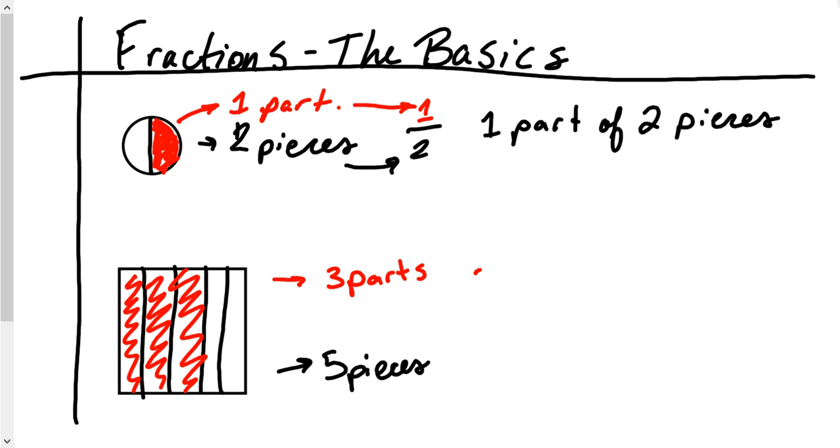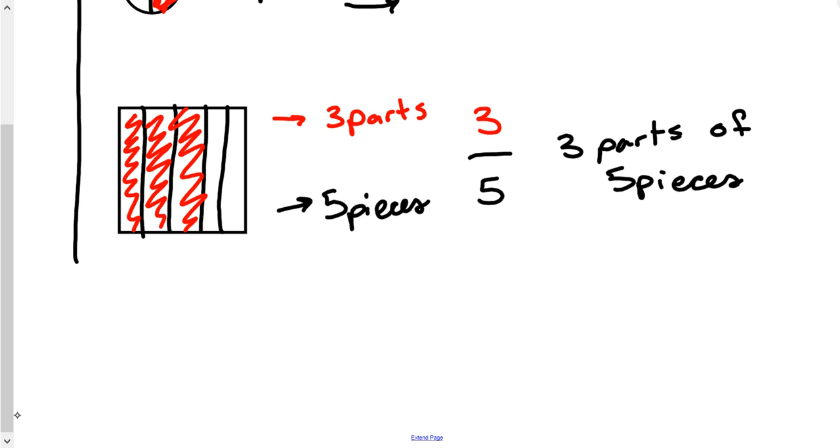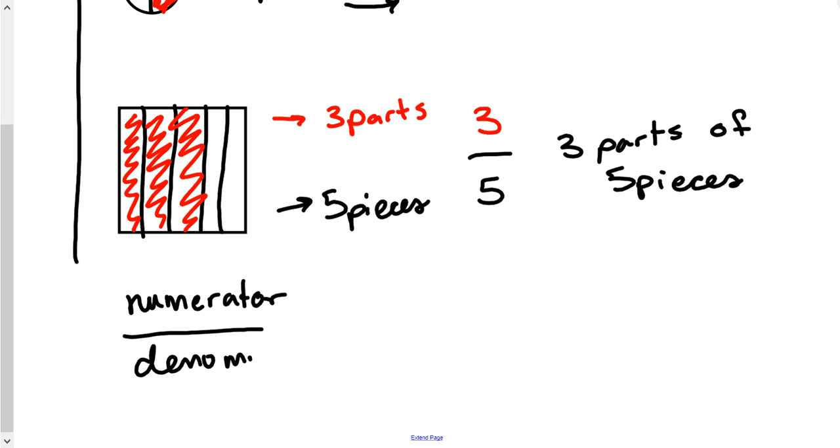So this changes to 3 over 5, so 3 parts of 5 pieces. Okay, so let's say, more generally, that the numerator over the denominator is the same thing as saying the part and the whole.